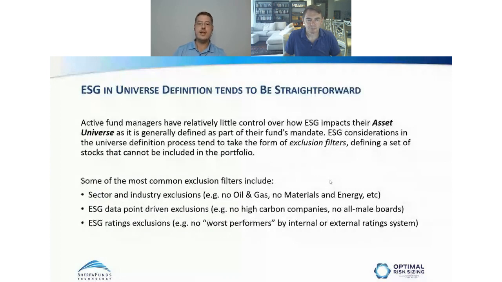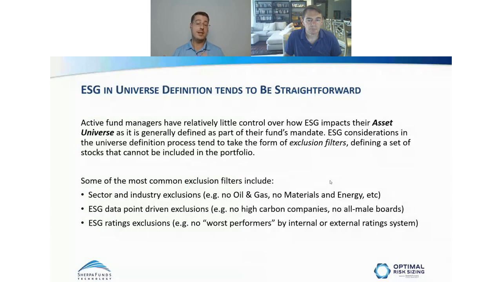So if we're thinking at the first level, ESG in terms of universe definition, this is probably the first layer most people think of in terms of how people integrate sustainability. More often than not, that means exclusion filters. That means no sin stocks, no gun stocks, no tobacco stocks. That might mean you want to exclude companies that have been in the news for particularly bad data breaches, or you don't want all male boards.